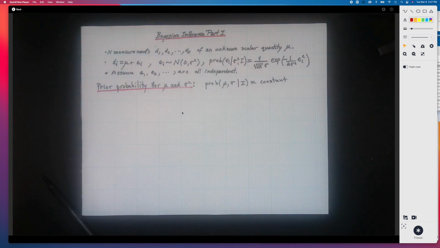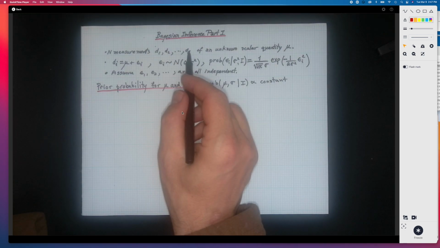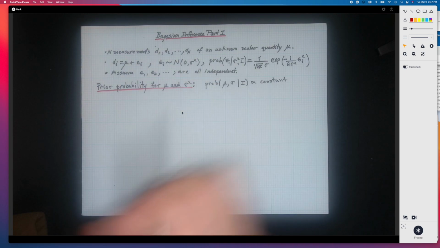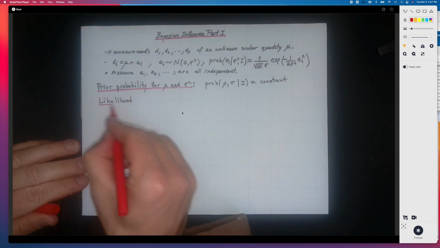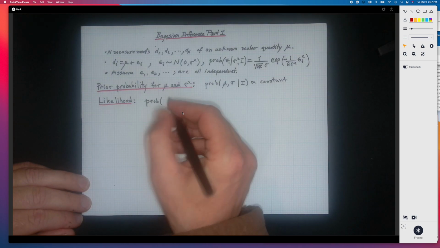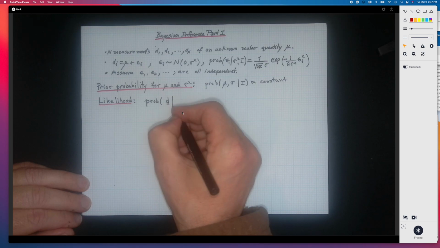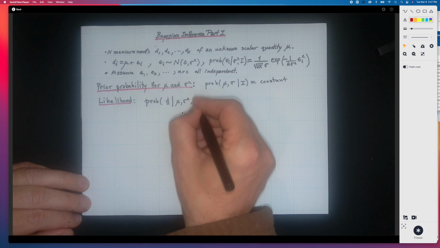And we also need to come up with a model for the likelihood, the probability of the data conditioned on the model, which in this case is the value of sigma squared and mu. So for the likelihood, what we want is the probability of the data, and I'm going to write it this way, d with an underscore, conditioned on mu, sigma squared and the background information.